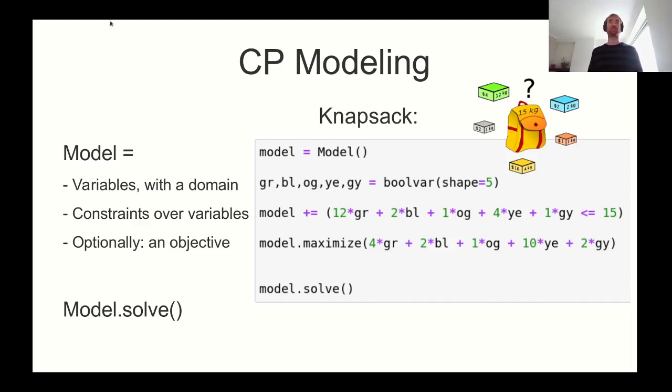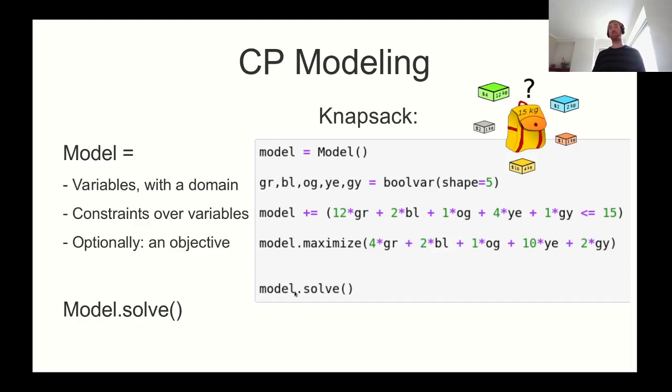Here, we define and instantiate the model. We create a list of 5 Boolean variables, so decision variables, corresponding to these. Then we specify the constraint pretty much the way that we write it in pure mathematics. We also say that we want to maximize this objective function, as before.